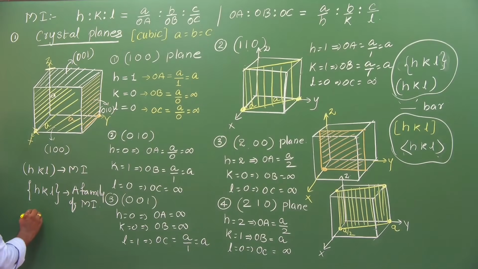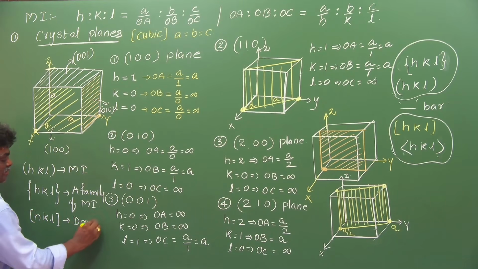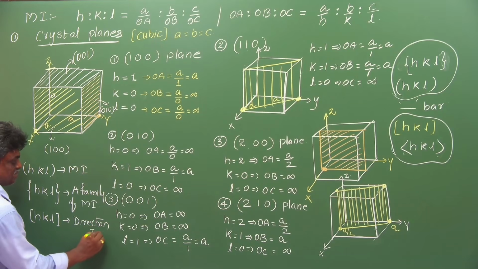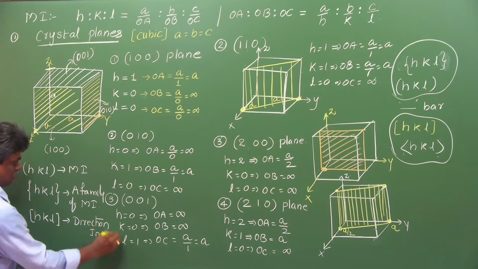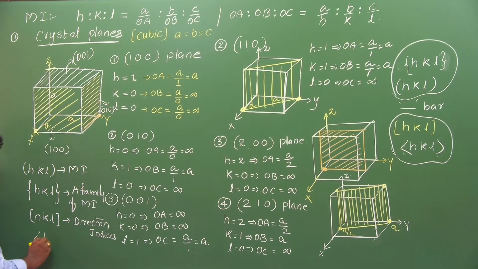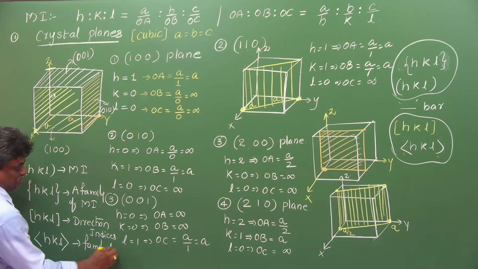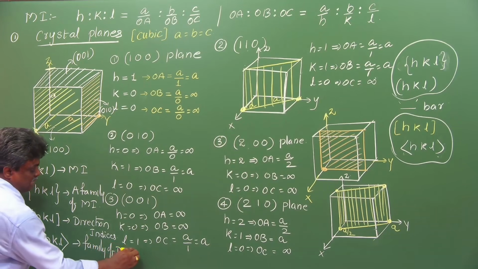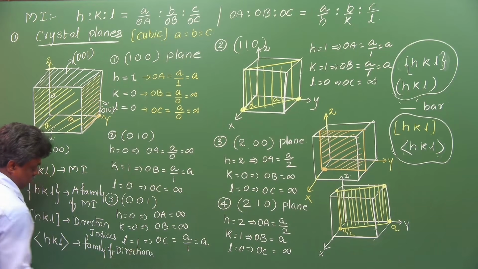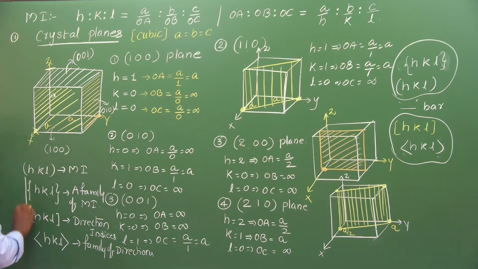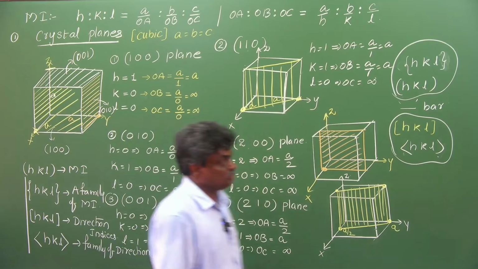Next, [HKL] square bracket, direction indices. Next, this one, <HKL>, family of directions. So please be careful about the symbols whenever you are studying any book.